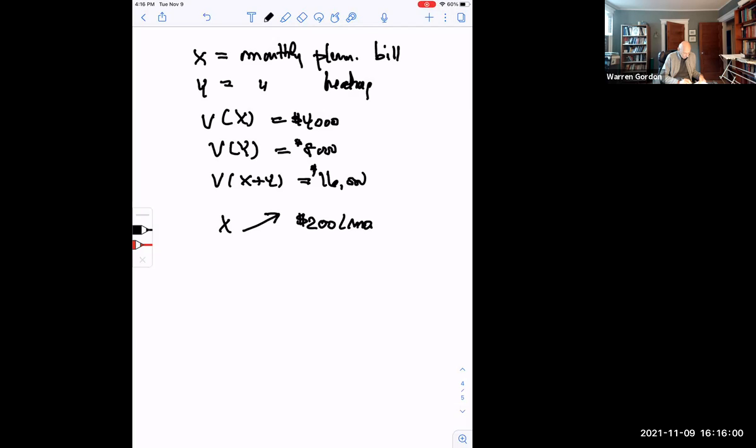And Y is increased by 15% per month. Calculate the variance of the total monthly repair bill after these charges. Okay, so you want to calculate the new variance.